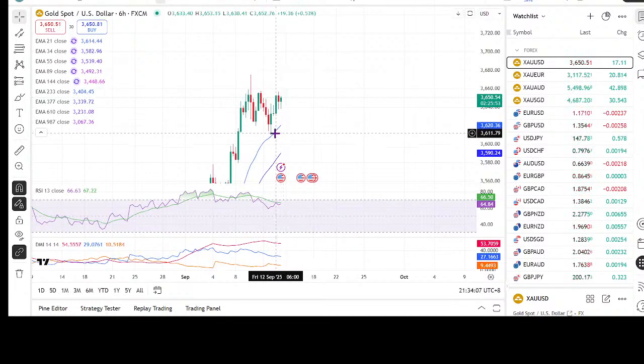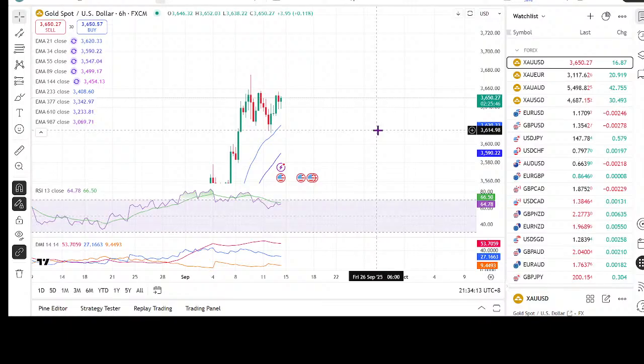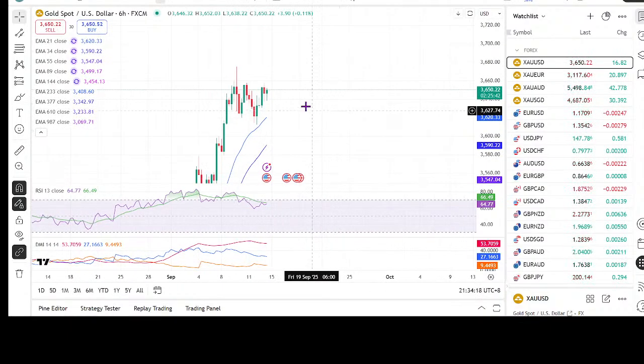So it looks like the correction is going to happen only next week after the US interest rate announcement. Until then, I think we are still going to see the price in a consolidation with the upside view.